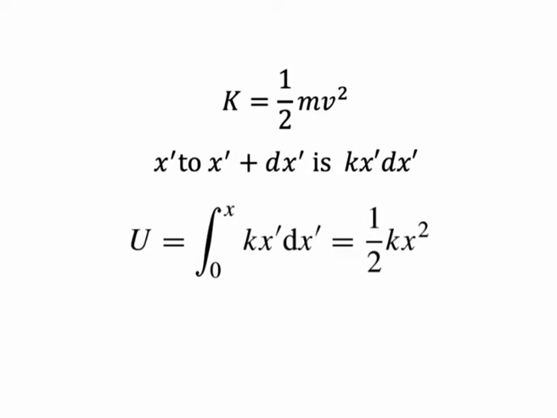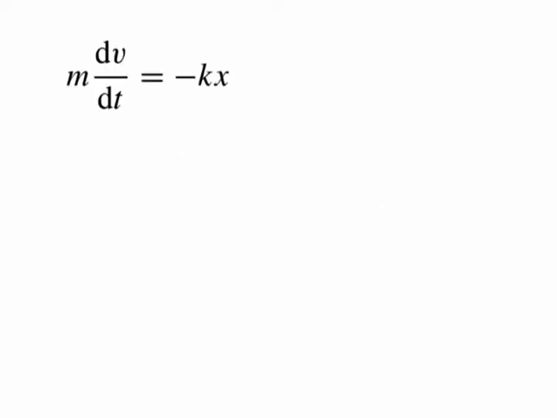Conservation of energy for this harmonic oscillator follows from Newton's second law. In terms of the velocity v, this becomes m dv upon dt equal to minus kx.